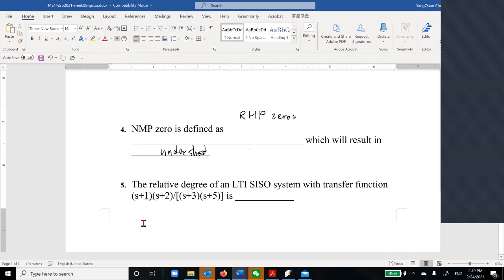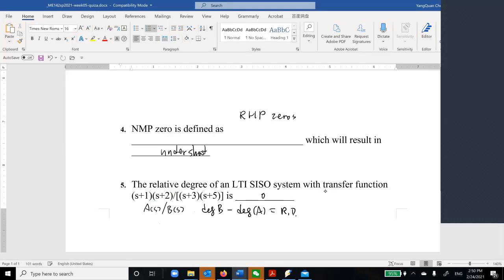So this is a CUPI, right? So the degree of this one is what? The numerator here has maximum order 2, and the denominator maximum order 2. In the future, I'll write this as A polynomial in s, B polynomial in s, then the degree of B minus degree of A is the relative degree, okay?